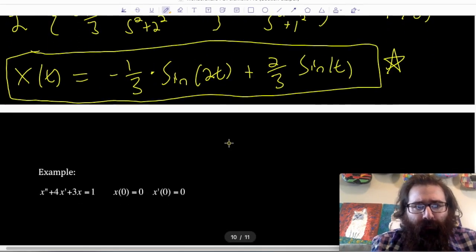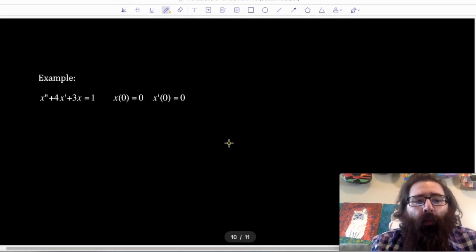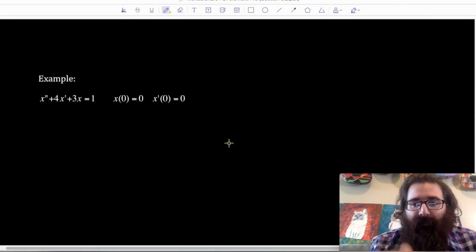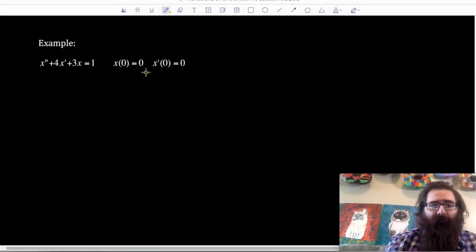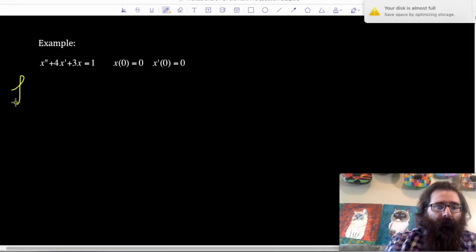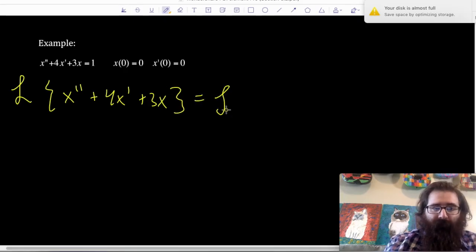Really cool stuff. Let's take a look at one more example just to make sure that it's real. So let's work here with our differential equation. I like those initial values right away. Laplace transformation applied on x double prime plus 4x prime plus 3x equals Laplace transformation applied on 1.